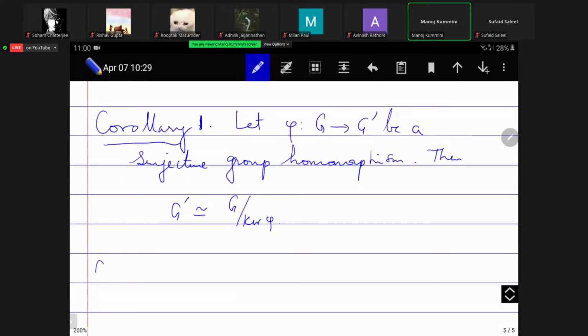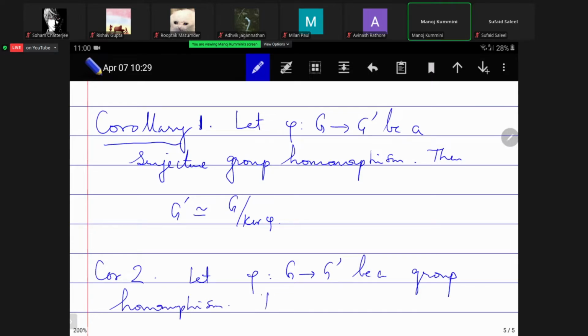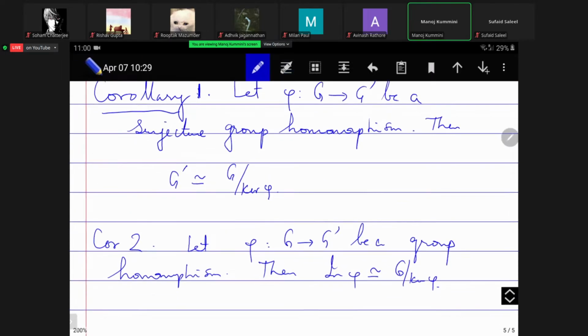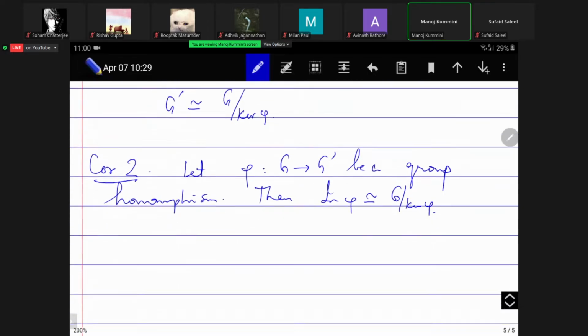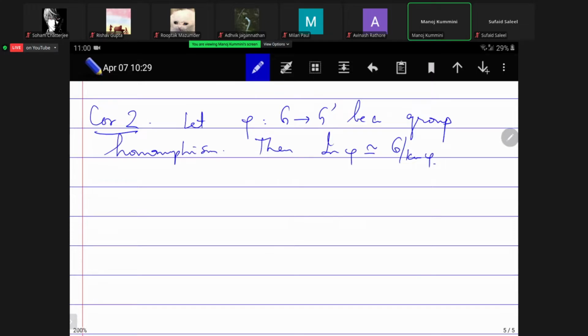And corollary 2: let phi from G to G prime be a group homomorphism. Then the image of phi is isomorphic to G mod kernel of phi. These are related. We will prove corollary 2 from corollary 1. Corollary 1 itself we will prove from the proposition.